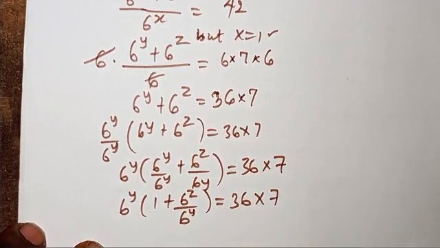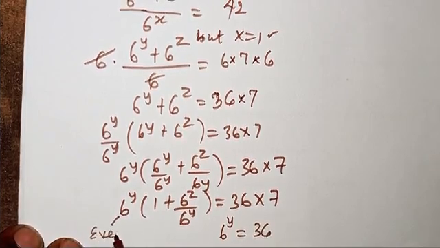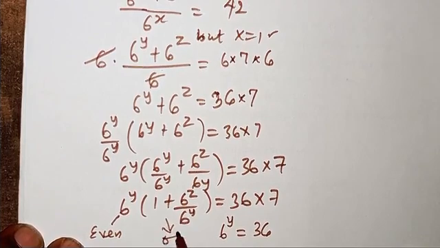So now from here, the next thing we're going to do is the comparison. So 6 to power y is going to be 36 because 6 to power y is even, while this is odd because of this one that is added.